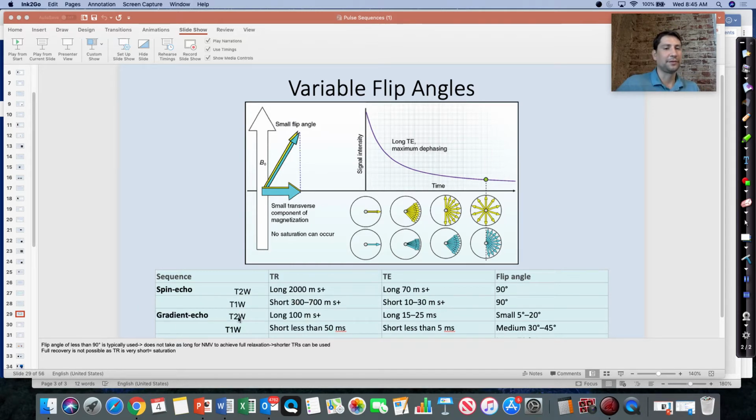I screwed up something here. It's not T2 weighted, it's T2 star. So I'll just draw it in. So remember, anytime we're talking about a gradient echo pulse sequence, we need to add that little star because we're not getting a true image of T2 contrast. T2 star.